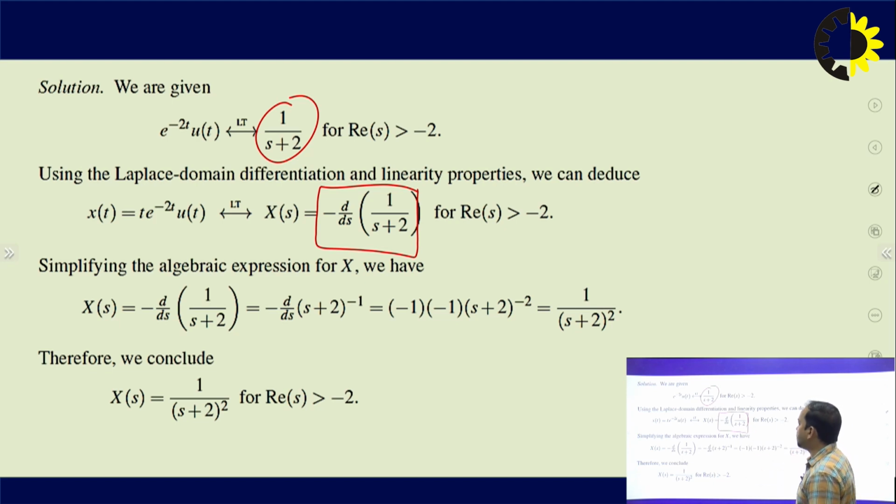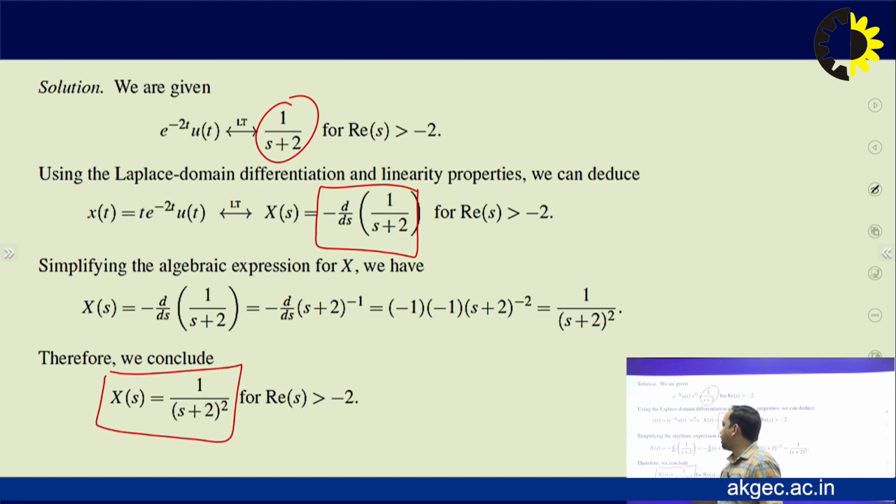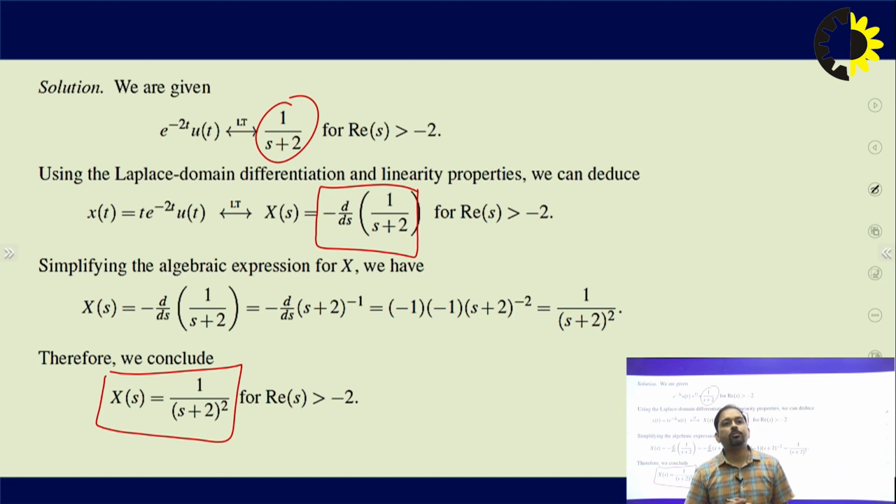By differentiating with respect to s, we get X(s) equal to 1/(s + 2) whole squared. Now we can see that 1/(s + 2) whole squared means there is no change in the location of poles. So we basically have repeated poles at s equals minus 2.